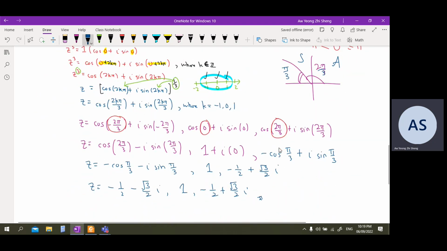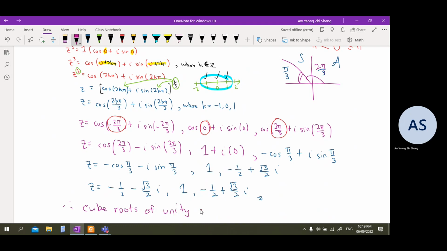Since this question asks for cube roots of unity, at the end you will just say cube roots of unity. They are negative 1/2 minus root 3 over 2 i, 1, and minus 1/2 plus root 3 over 2 i. And that's it.